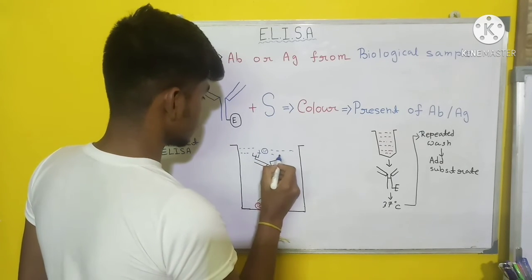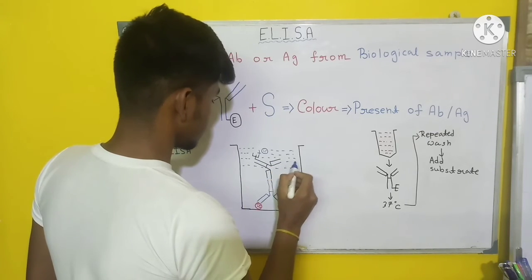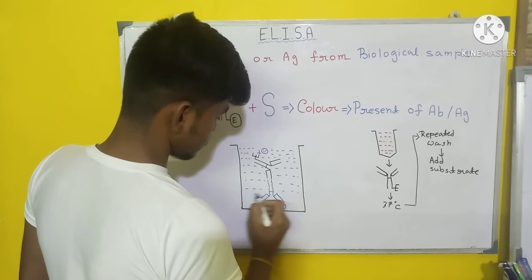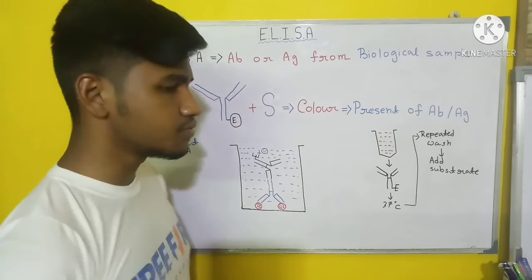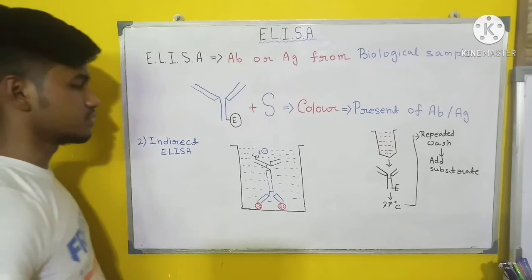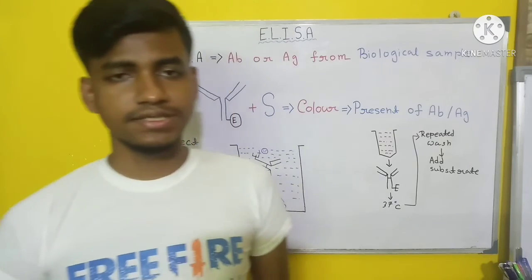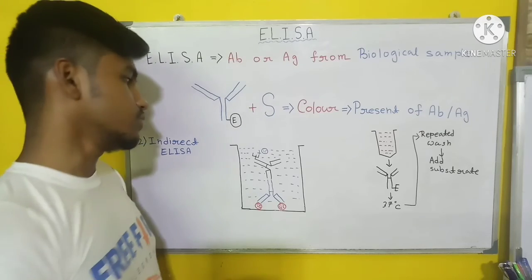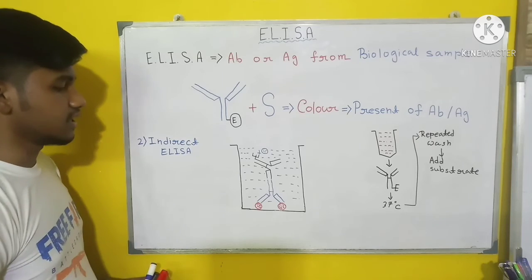That means they are producing color after the reaction of the enzyme linked antibody with the substrate. So basically they are producing the color inside the well, which indicates that the particular antibody is present in the well. So this is the indirect ELISA technique, guys.